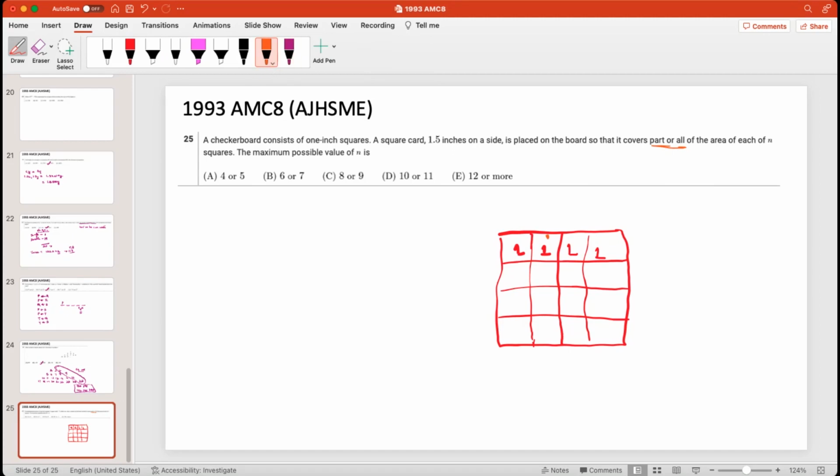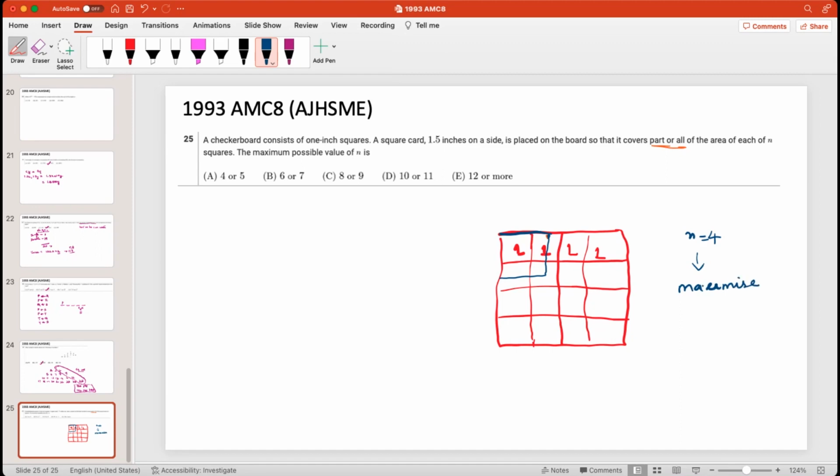So say 1.5 will come like this. So if I cover it like this, now see how many boxes it is covering, either partially or fully. 1 2 3 4, right? So in this case n becomes 4. If it's covered like this, n becomes 4, but we have to maximize the value of n.